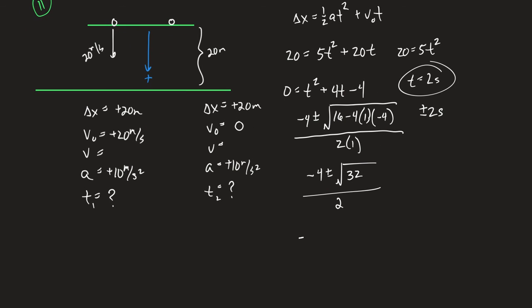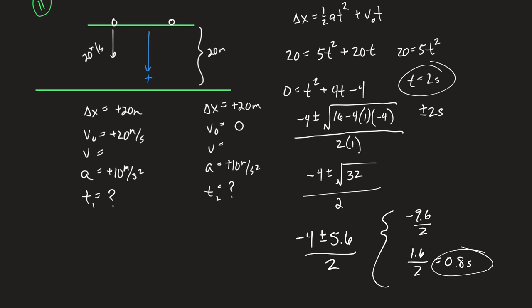So this is going to be negative 4 plus or minus 5.6 over 2. Now, I said there's 2 answers, and there is. I should consider both of them. So there's going to be negative 9.6 over 2. That's where you got the 4.8 seconds, but it should have been negative. And the other one's going to be 1.6 over 2, which equals 0.8 seconds. I think that's the answer right there.